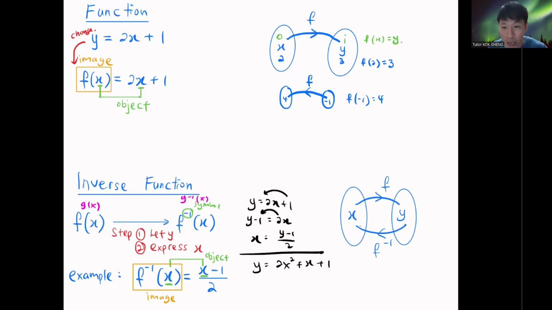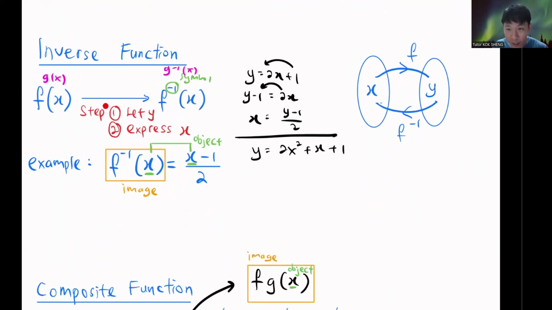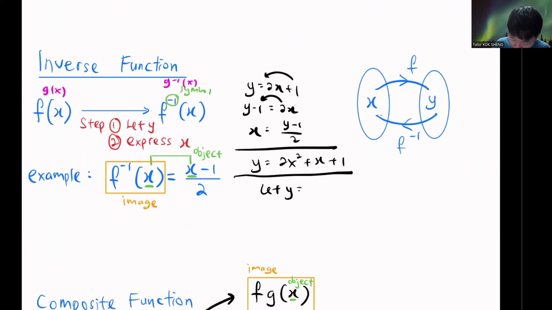If you want to understand in detail, I can show you here. You're asking me about this one, right? The step here. Your first step is you have to make it like this: let y equal to, you have to see which inverse you are finding. Let's say I'm finding the inverse of f(x). So I have to write let y equal to f(x).